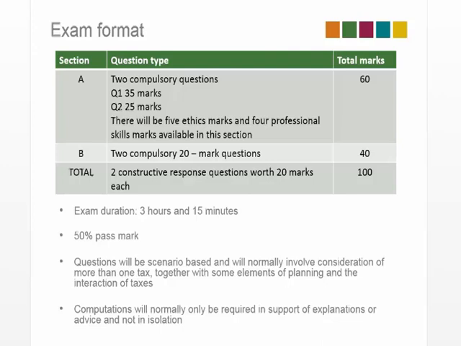Maybe it's an individual being made redundant, receiving a redundancy payment, and you advising how that would work from a tax point of view. Potentially that redundancy payment is then being used for the individual to set up their own business, and you're going on and you're advising about the tax consequences of them setting up their own business.